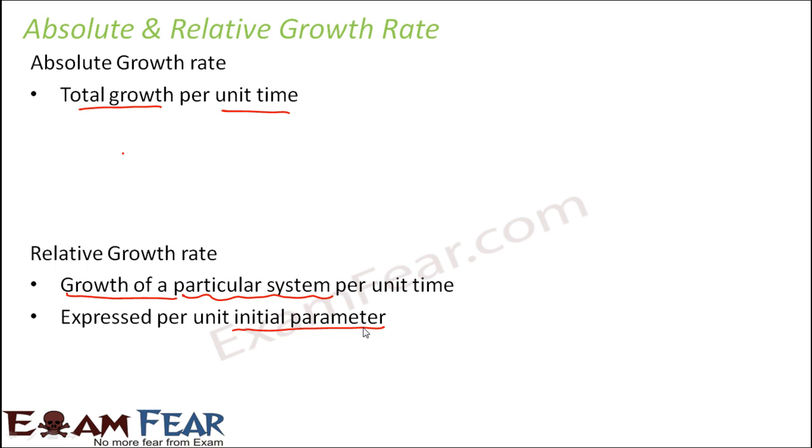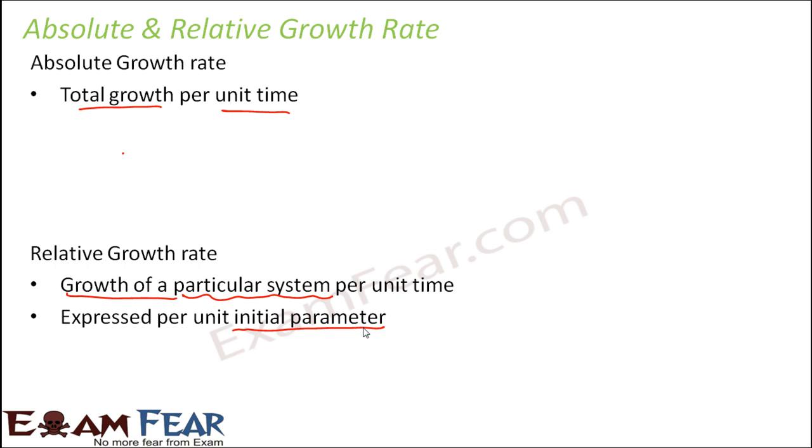So I'll explain it to you with the help of an example. Let us suppose you have a leaf. It is a very young leaf and it is going to grow over a period of time. Now let us suppose initially the leaf had an area of say 5 centimeters square.